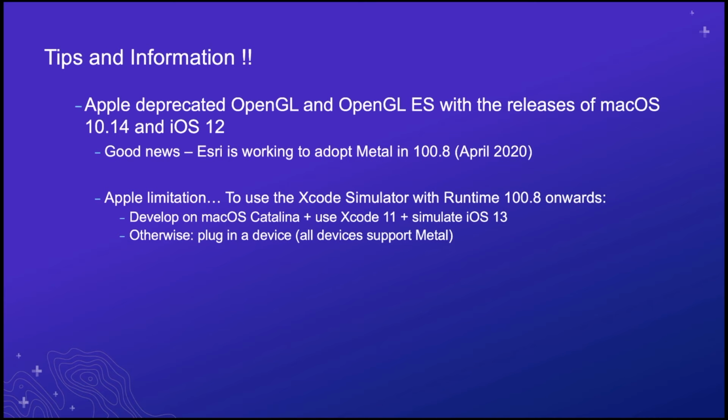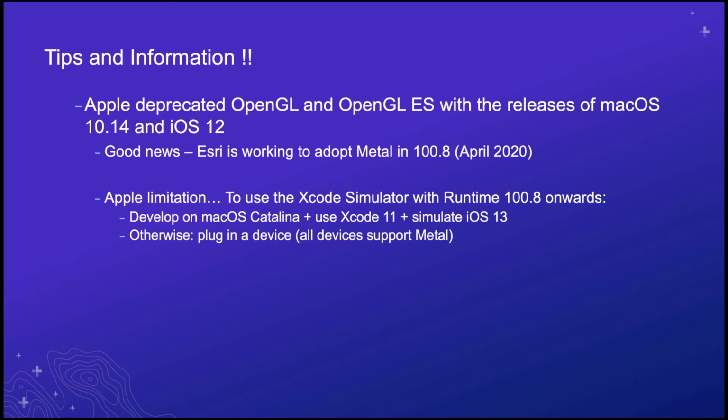So something to be aware of, Apple deprecated support for OpenGL ES with iOS 12. And what this means is that at some point in the future, they will only support Metal. For now, they're still supporting OpenGL. The good news is that we are finishing off work on adopting Metal and hope to release that with 100.8.